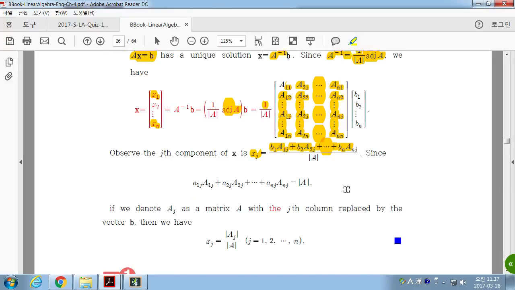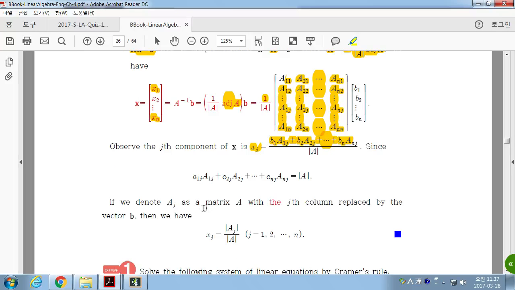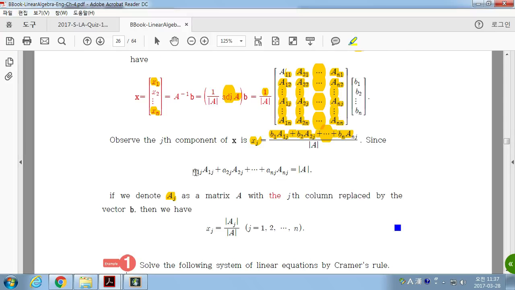So what we found was the determinant of a matrix A whose jth column was replaced with these Bi's, the vector B. We denote Aj as the matrix A with the jth column replaced by the vector B. Then this is exactly the determinant of Aj.